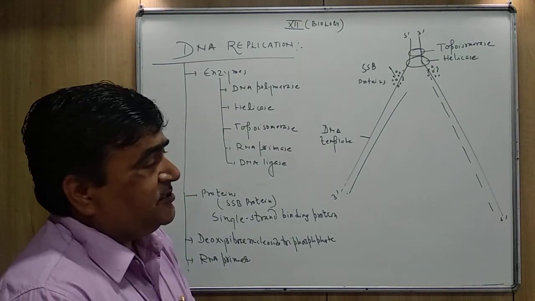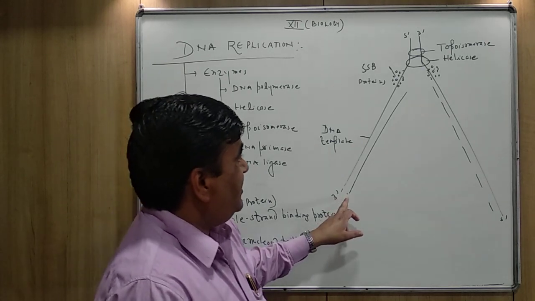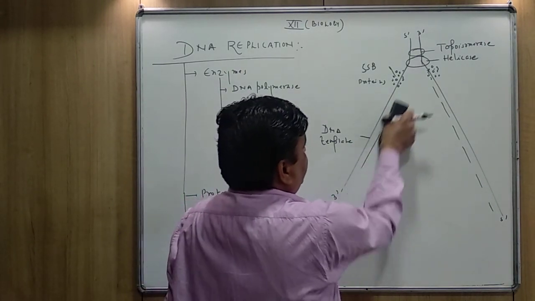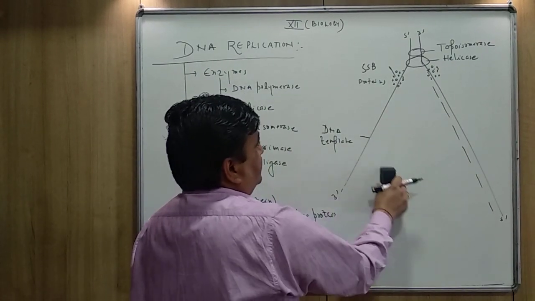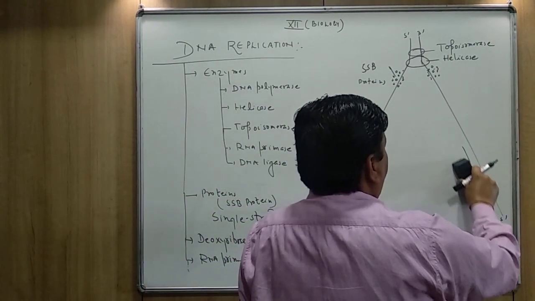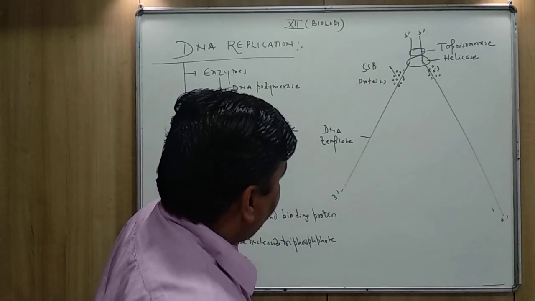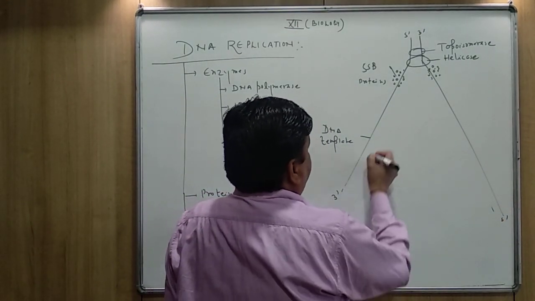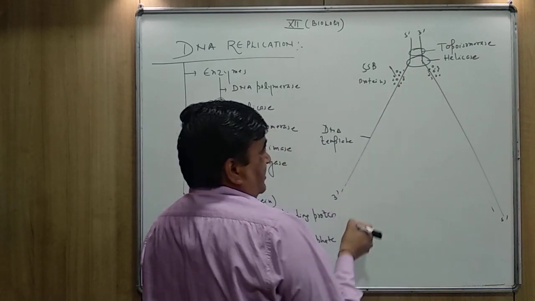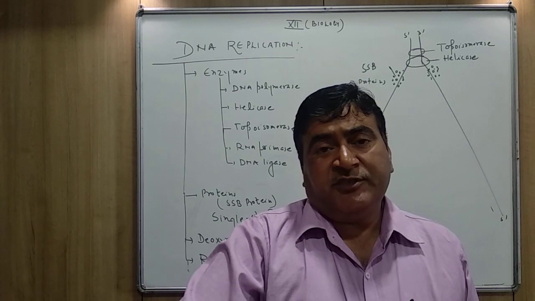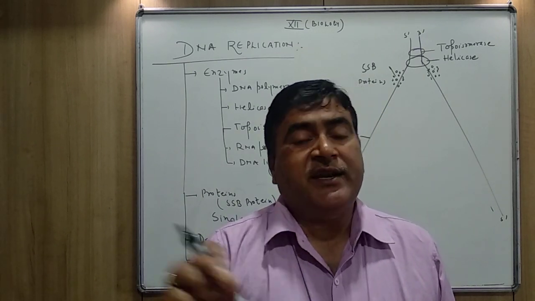Now, it's very, very important: when polymerization takes place, the new strand is synthesized on the template in which direction? In 5 to 3 direction.